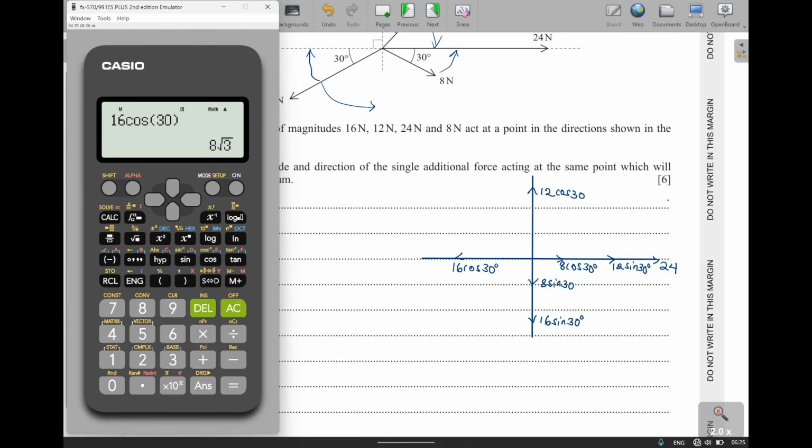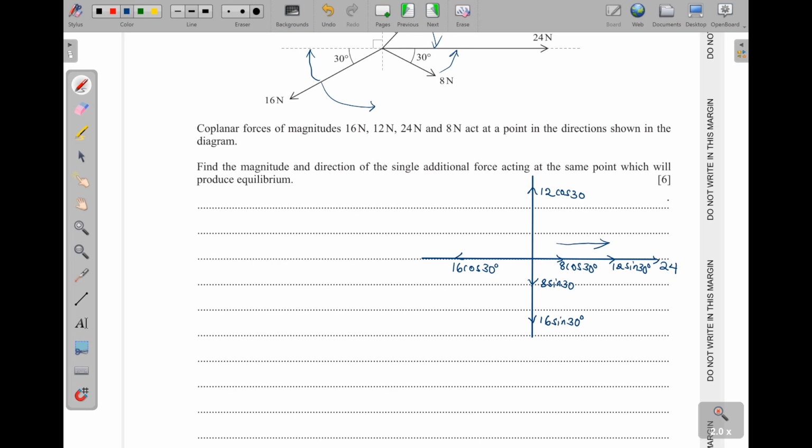This is 8 root 3, which is 13.9. Then the other one is 8 cos 30, plus 12 sine 30, plus the 24. So this one is far bigger than the other one. So that means the resultant in the x is going this other direction.